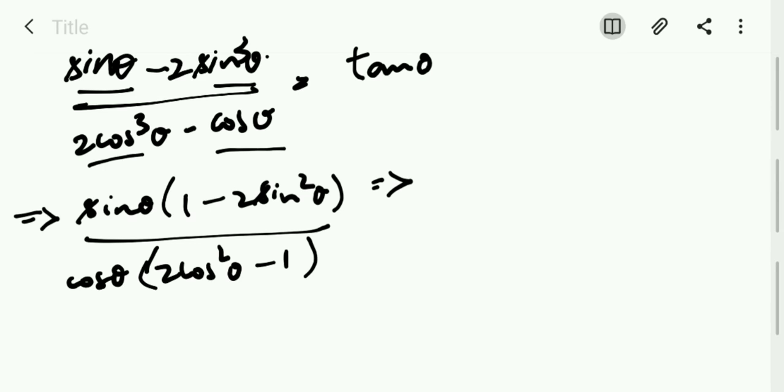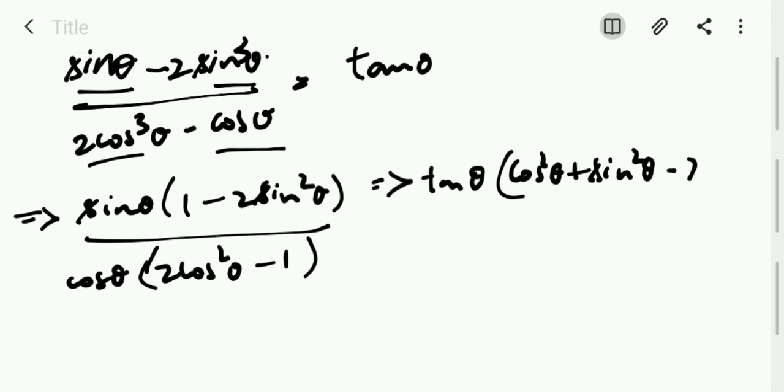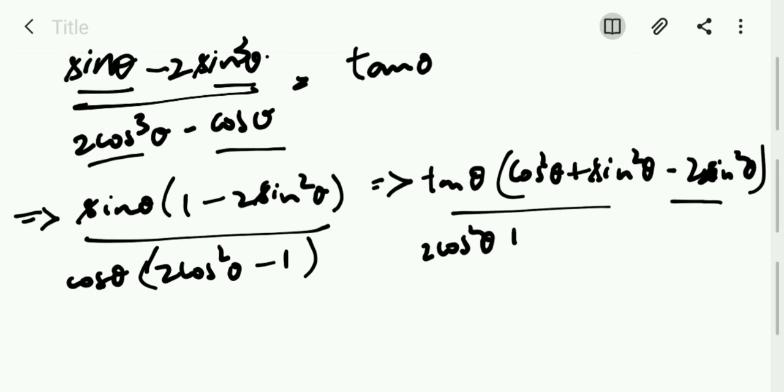So sine by cos, can I write it as tan theta directly? And this is nothing but cos square theta plus sine square theta minus 2 sine square theta by 2 cos square theta minus sine square theta minus cos square theta. Correct?